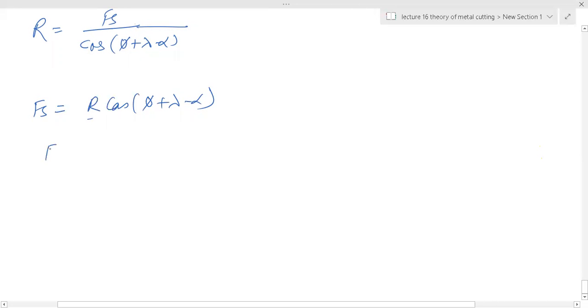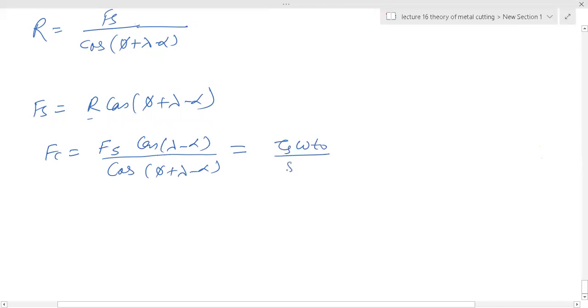Then Fc is equal to Fs cos lambda minus alpha divided by cos phi plus lambda minus alpha. This we can also get, and that will be also equal to tau s w t0 sin phi into cos lambda minus alpha divided by cos phi plus lambda minus alpha.